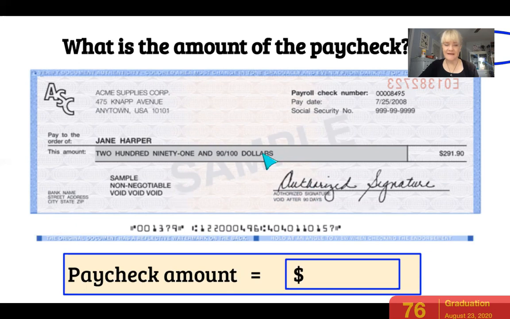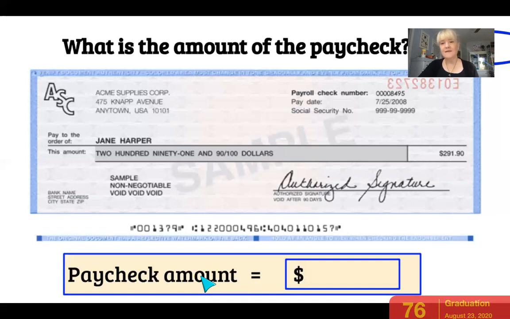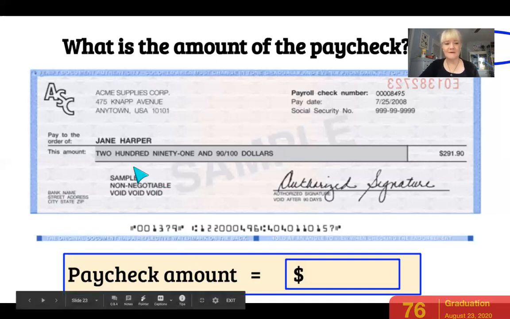Now let's go back here. At the title, it says, what is the amount of the paycheck? And then down here at the bottom, it says paycheck amount. So we need to find out how much this check is for. Perhaps you remember right in the middle, underneath Jane Harper's name, it said this amount.